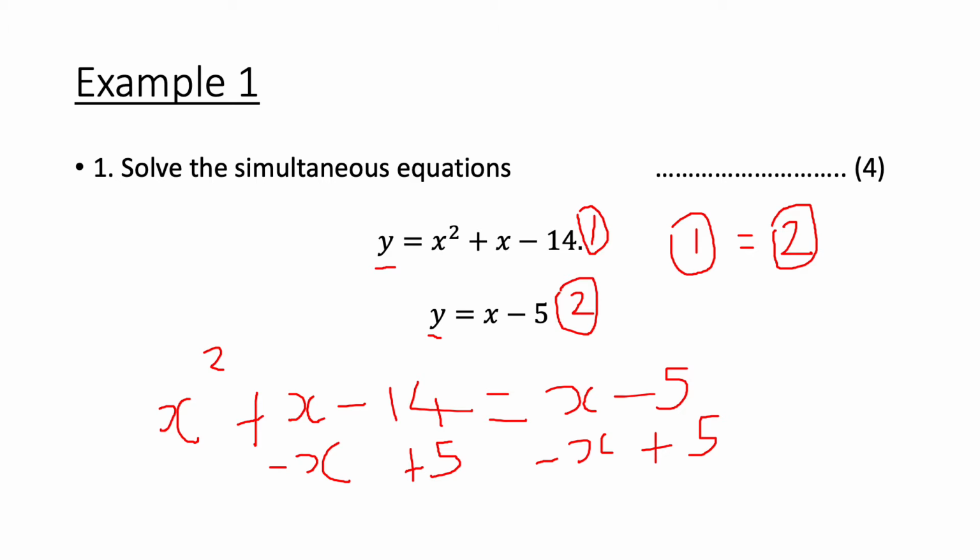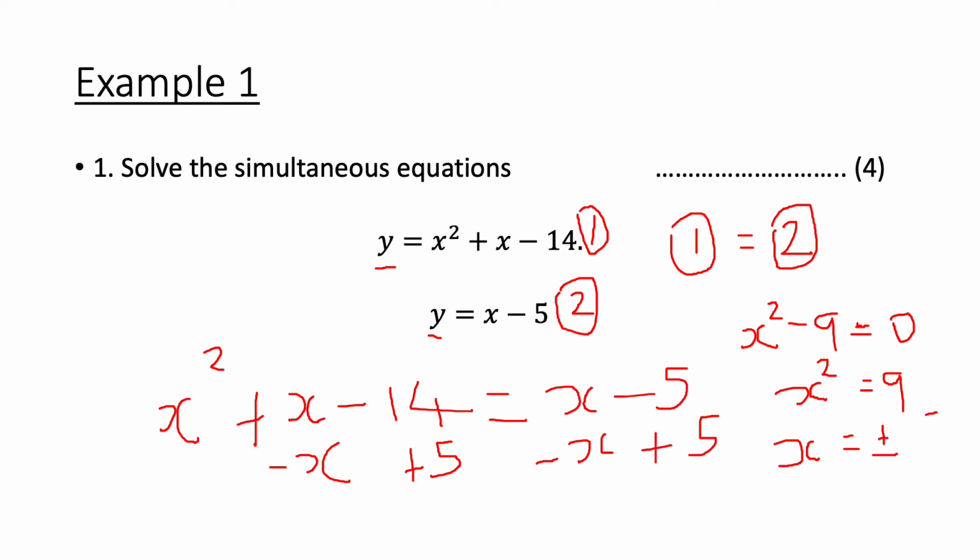The x squared plus x minus x cancels, so I get x squared subtract 9, because minus 14 plus 5 is minus 9, is equal to 0, as I've brought all the terms to the left hand side. Adding 9 to both sides, x squared is equal to 9, and then x equals plus and minus the square root of 9.